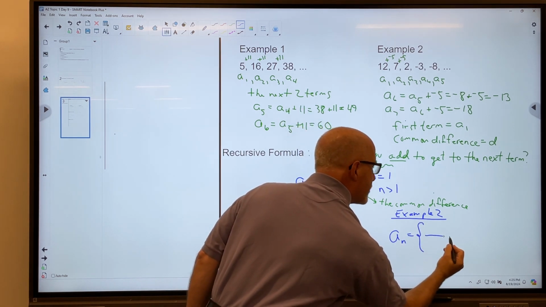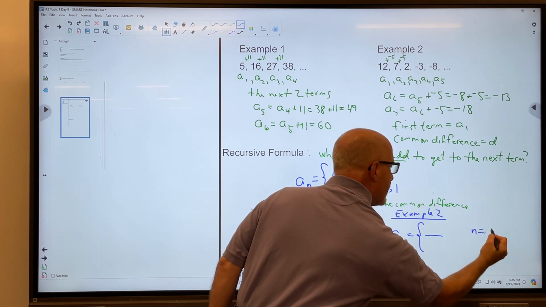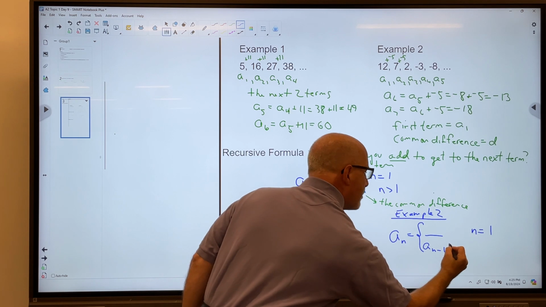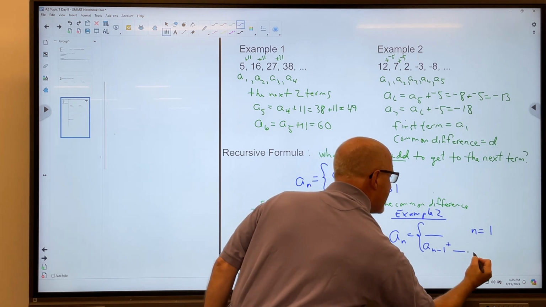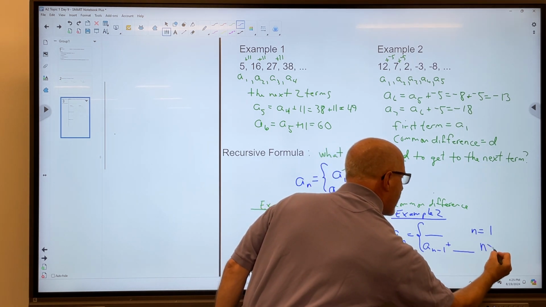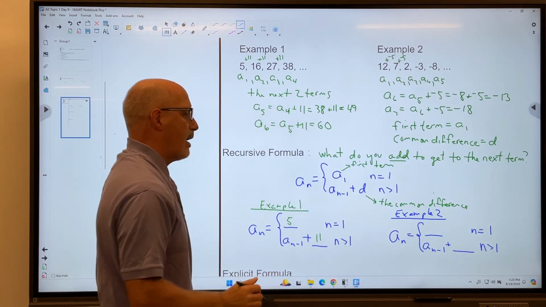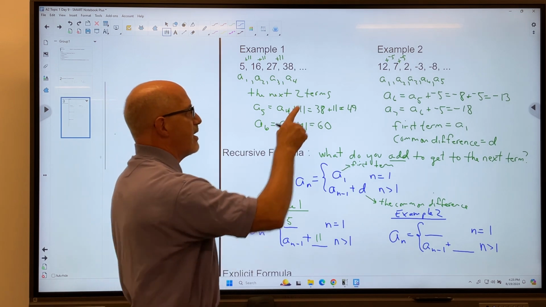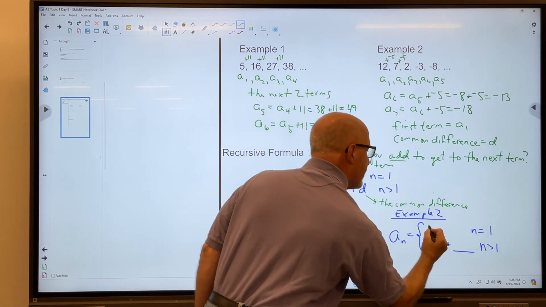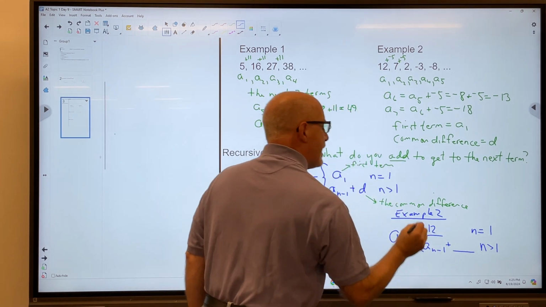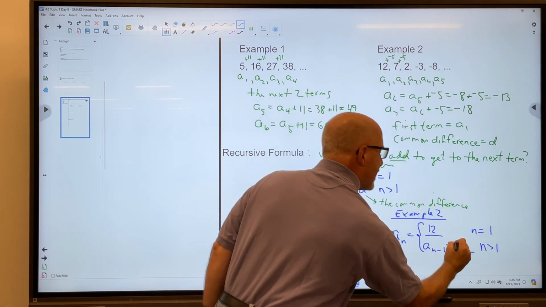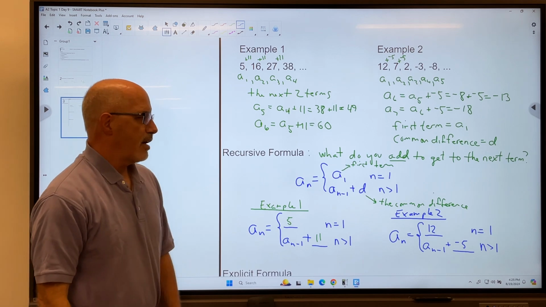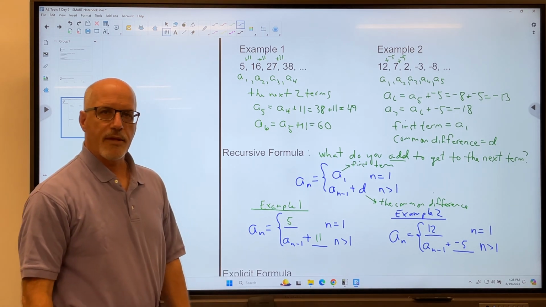We're going to list the first term for n equals 1, and we're going to list a sub n minus 1 plus whatever the common difference is for n greater than 1, for every term after the first one. So if we look at that, we're going to say, well, we started with 12, and then we add each time a -5 on. So that fills in the blank for what we have for the recursive formula.